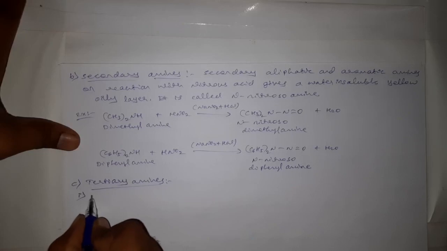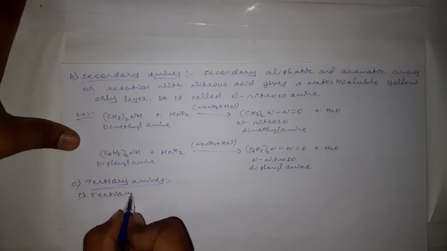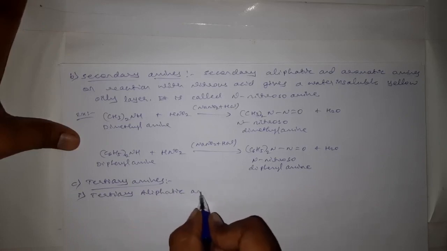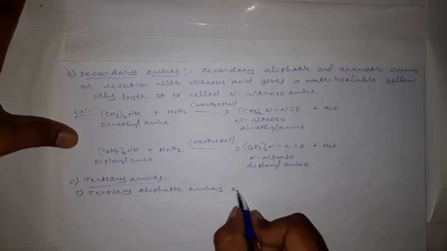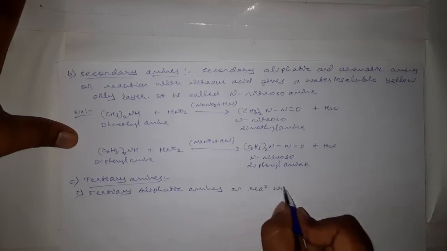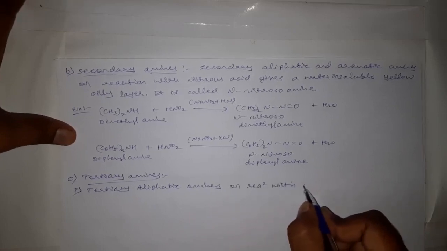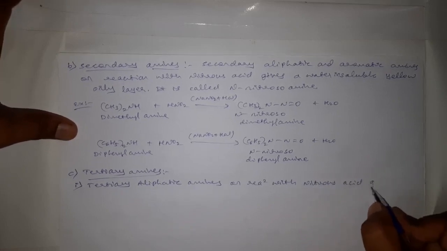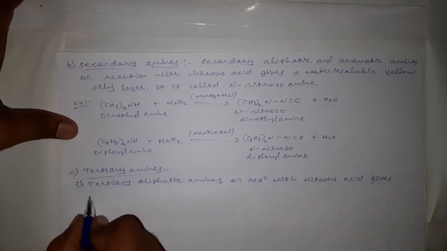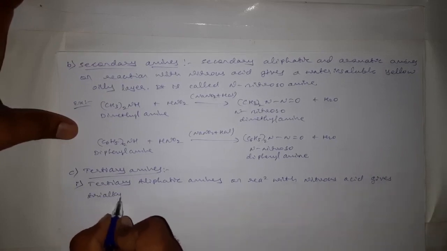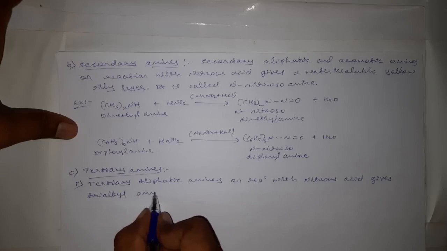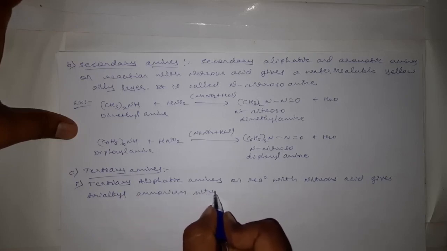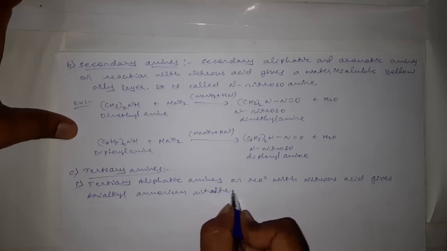See, these tertiary aliphatic amines on reaction with nitrous acid, they will give trialkyl ammonium nitrites.